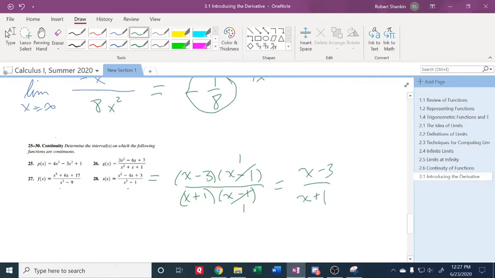All right, so where is the discontinuity? Discontinuous at, well, first of all, at x equals -1, because that's a vertical asymptote. But it's also discontinuous at x equals +1.